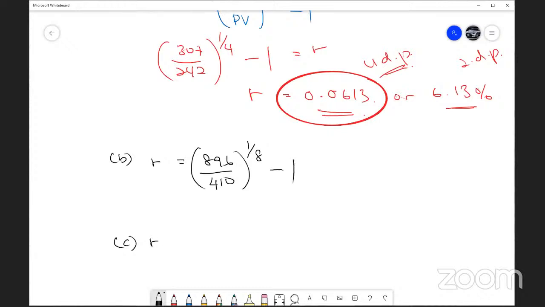C is R equals 162,181 divided by 51,700, power of 1 over 16 for 16 years, minus 1.